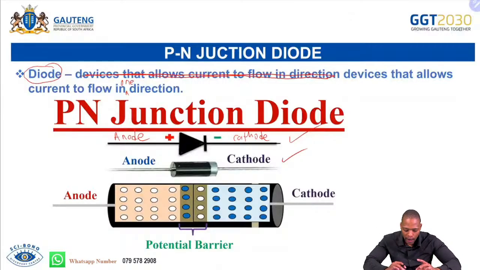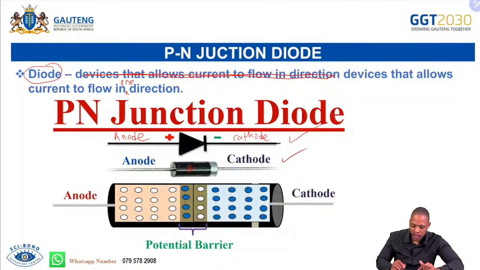And this is the microscopic view of what is happening inside this thing. As you can see again here, we are having those holes, right? We are having those holes and we are having these electrons here. And these electrons try to migrate, going to the other side.